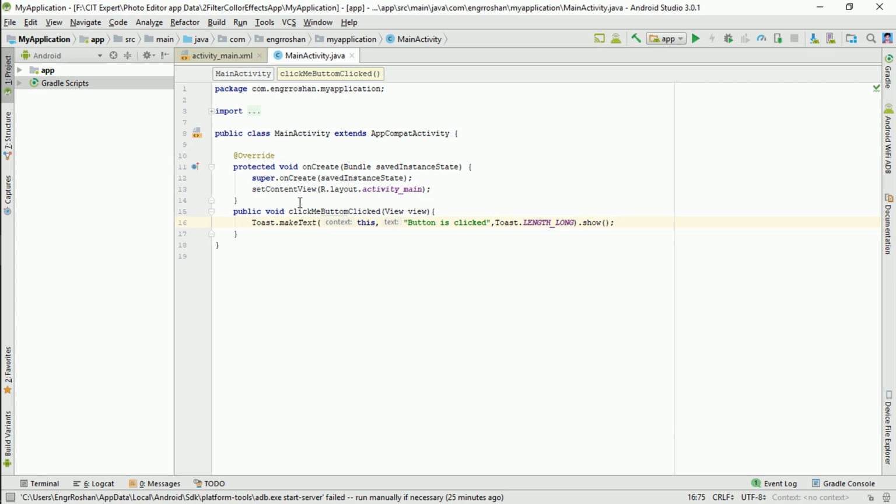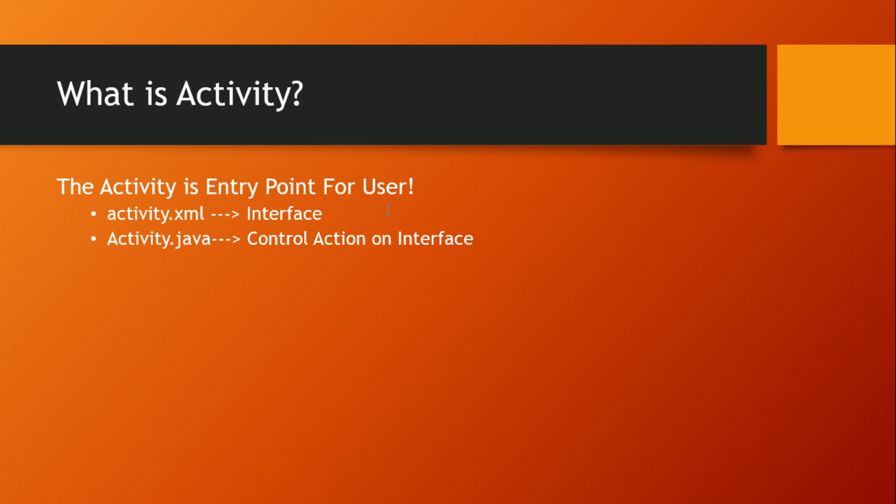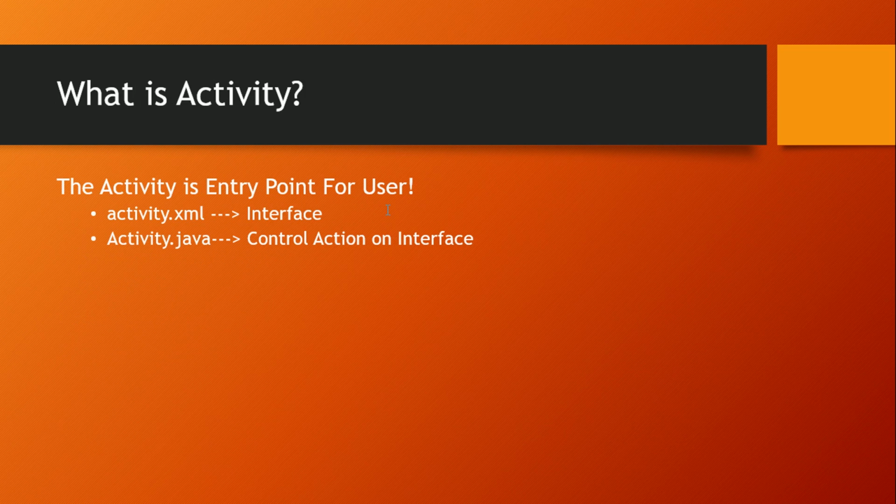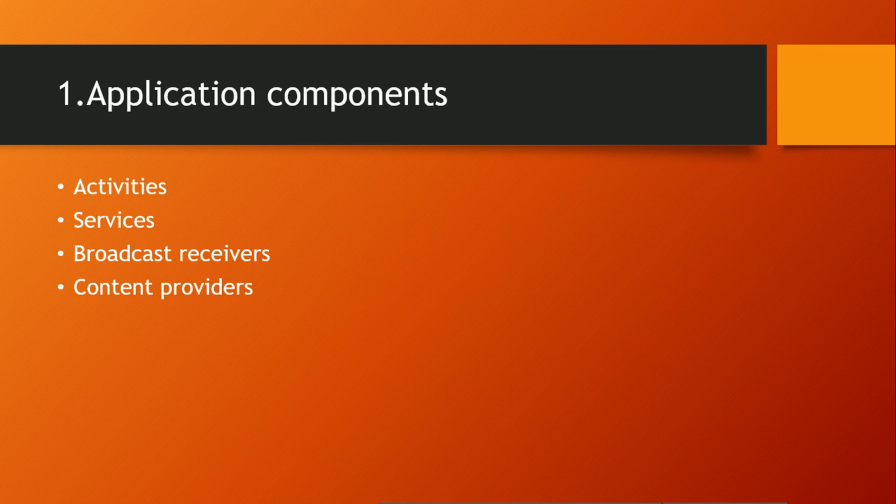So all the coding and the controlling of the data will be written in the activity.java file. After that, getting the overview of the activity. So this was all about activities, and now services.